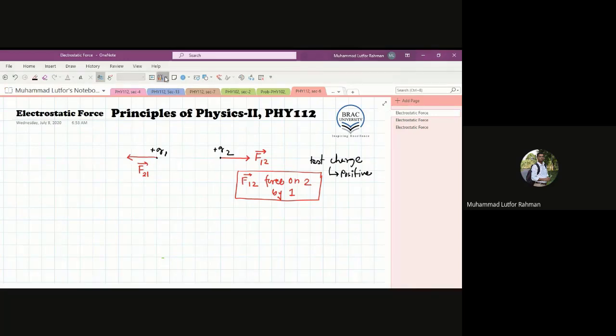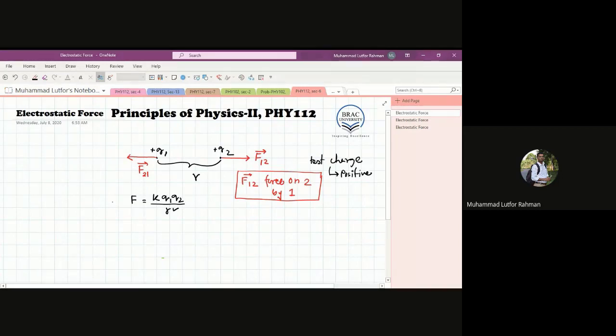If I know the distance between the two charges, say R, then I can find the magnitude of this force using Coulomb's law. The magnitude would be K Q1 Q2 divided by R square, right? This is the magnitude, remember.